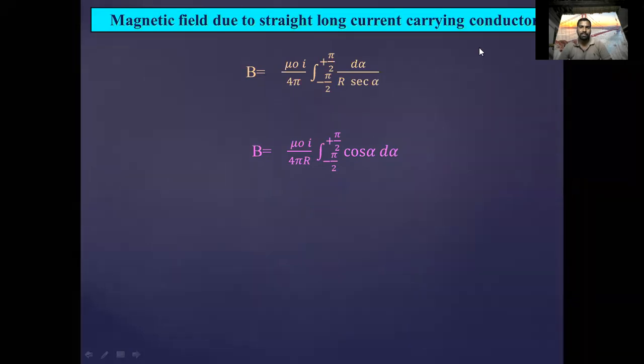Here B is equal to mu naught I by 4 pi, integral from minus pi by 2 to plus pi by 2, d alpha by R secant alpha. What is 1 by secant? That is cos alpha.